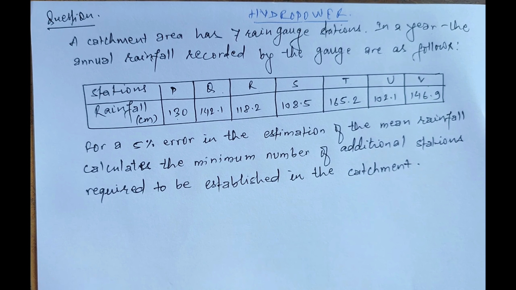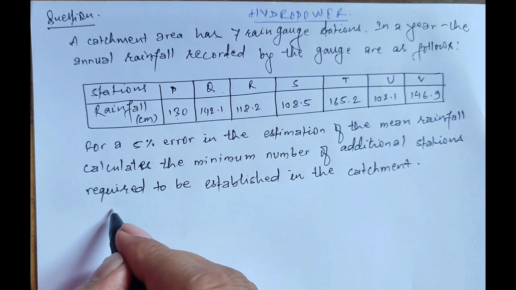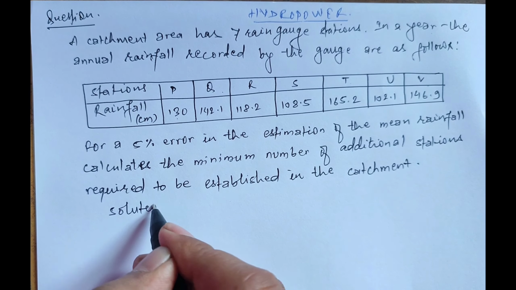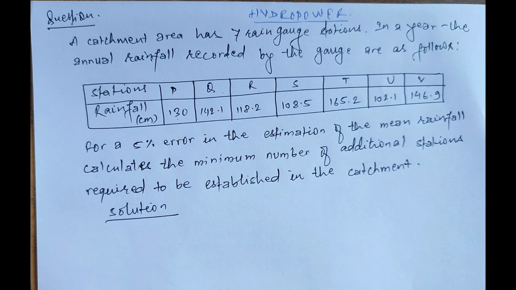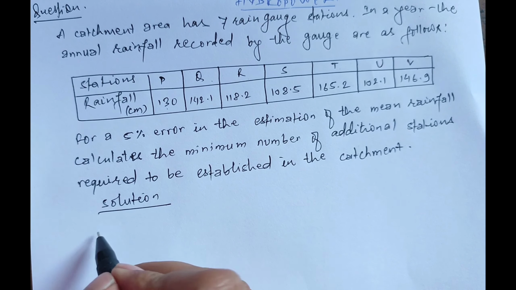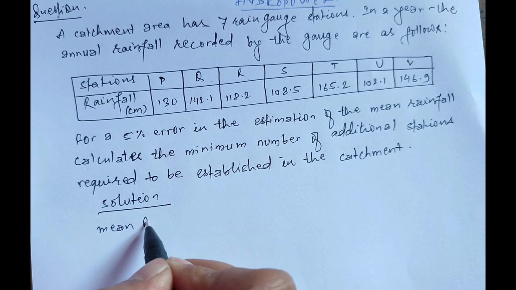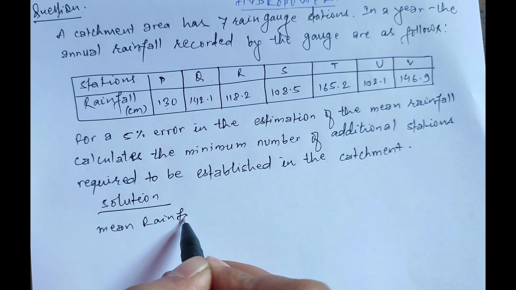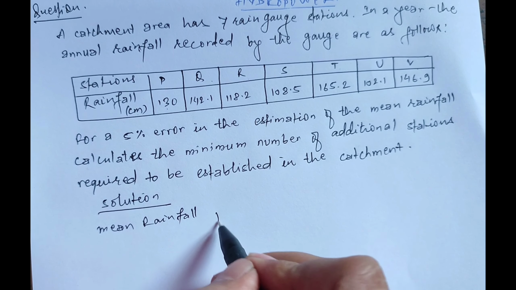So let's start solving this question. As we discussed earlier in the derivation, we start with the mean rainfall, P bar.